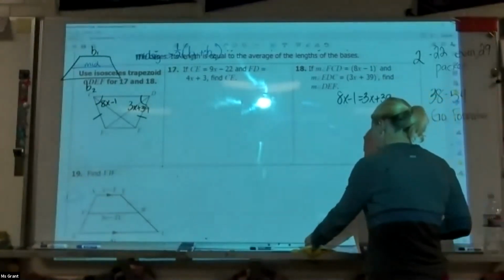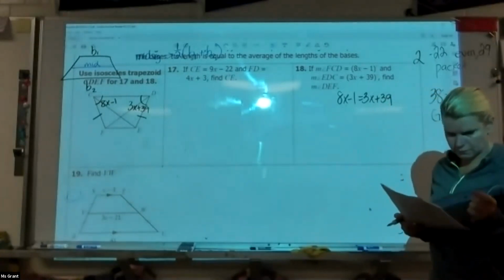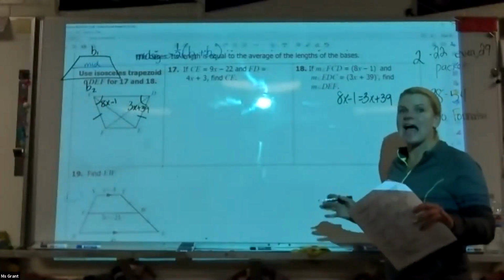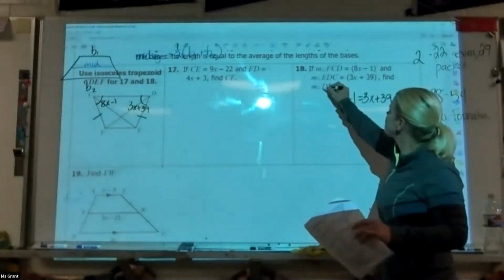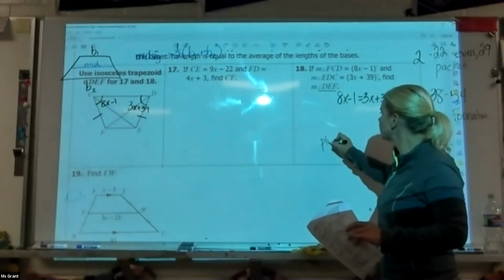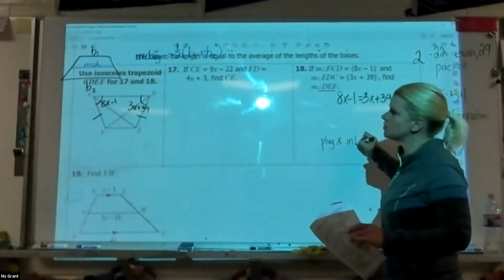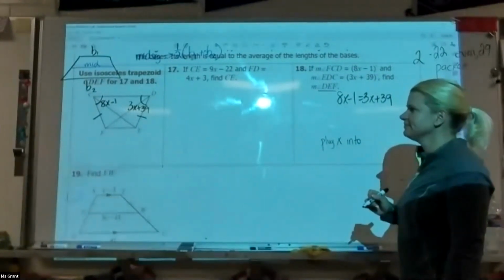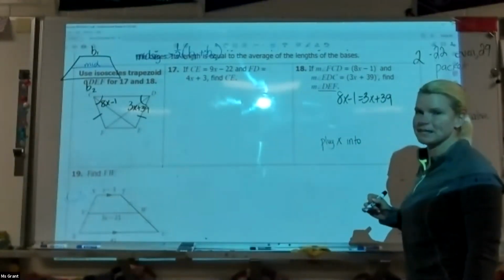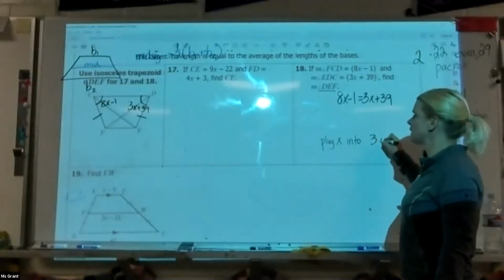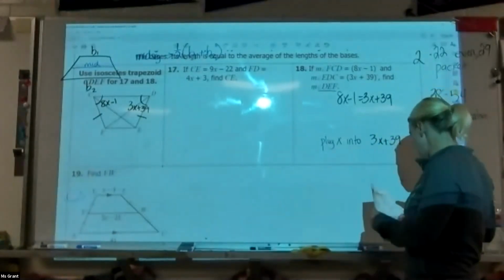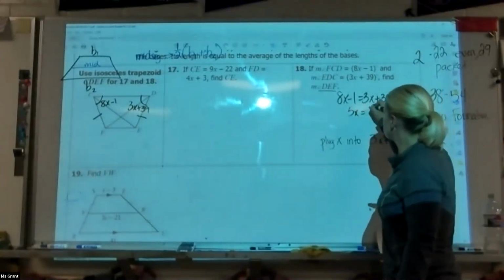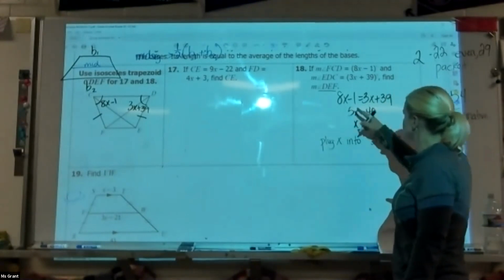19. Oh, and please notice that it doesn't say solve, it doesn't say find x. It says find DEF. So plug x into, okay. Once I find out what the 3x plus 39 is, I should actually just do this one. It's hard. 5x equals 40, x equals 8.